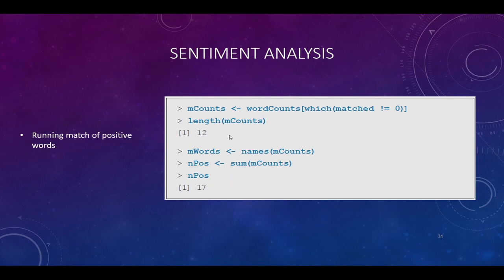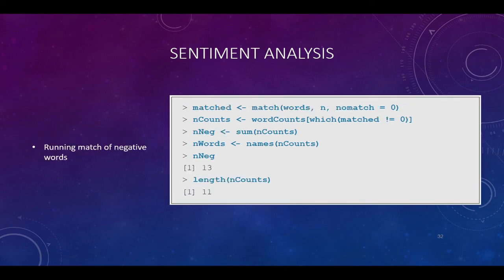Now, the number of positive words: there were 17 positive words with 12 of them being unique. This is going to give you the unique, and this is going to give you the total. So 13, 14, 15, 5 of them were repeated. I did math today. Yay.